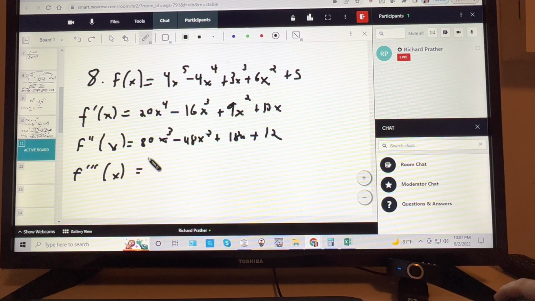So do it again. Now you got 80 times 3, 240 x squared. Notice the exponents are getting smaller and smaller and smaller. 2 times 48 is 96 for x. Then not only are the exponents getting smaller, but the terms start disappearing, because once you reach a constant, that part has no derivative. So the 18x, the derivative, that's 18. If I did another derivative, that part will go away.